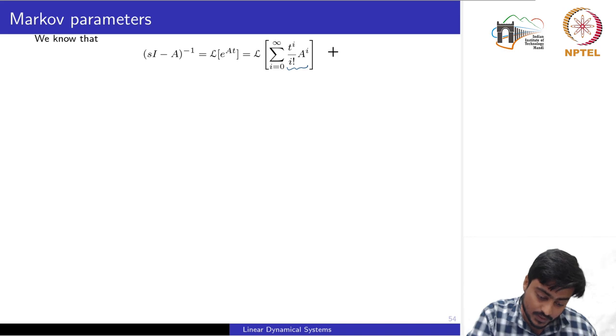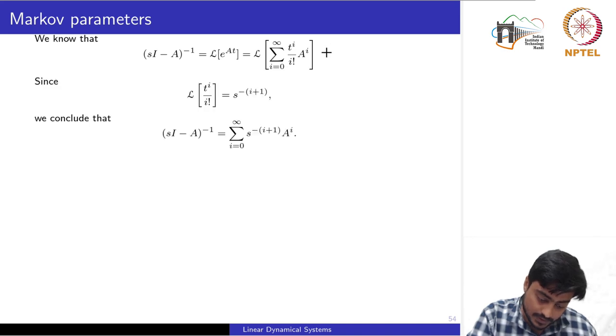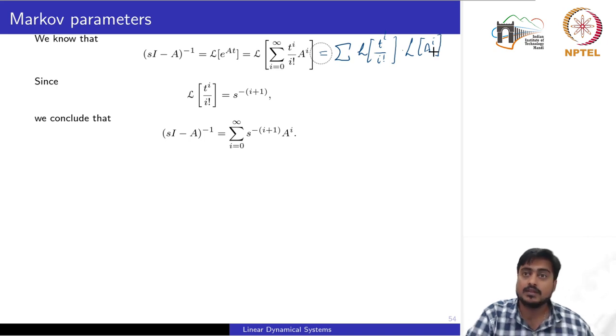Now I know this property, that I can write this as the summation of the Laplace transform of t to the i by i factorial, times A to the i, using the property of the Laplace transform.